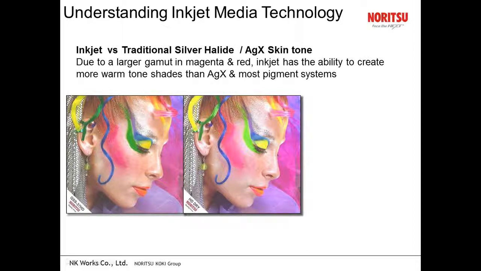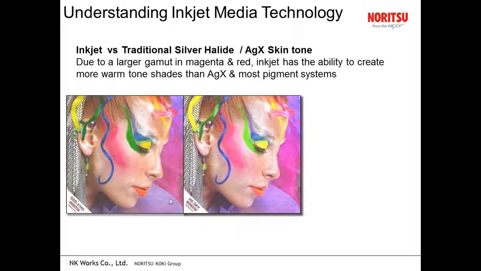This print labeled HD Dry is from a D1005 using the inkjet profile, the Noritsu Coding -02, and I was able to create the exact same skin tone as I did in the silver halide paper.